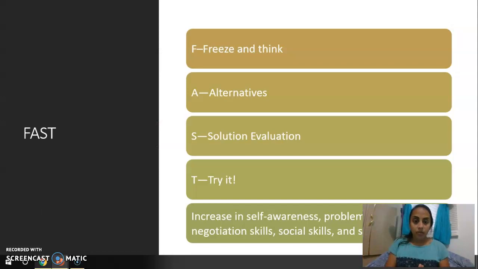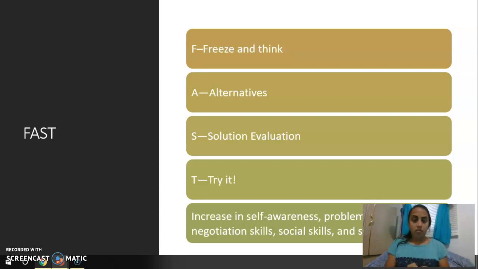So here's a problem solving strategy that can be taught to elementary school students, and it's called FAST, and it stands for freeze and think, alternatives, solution evaluation, and try it.